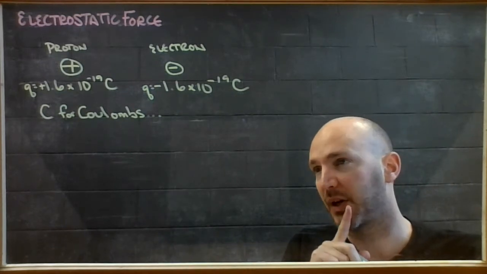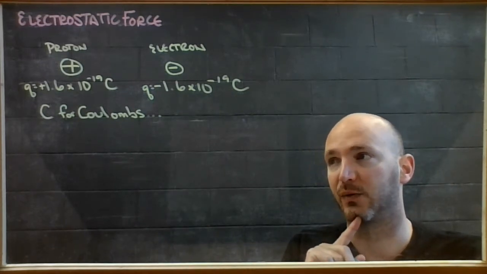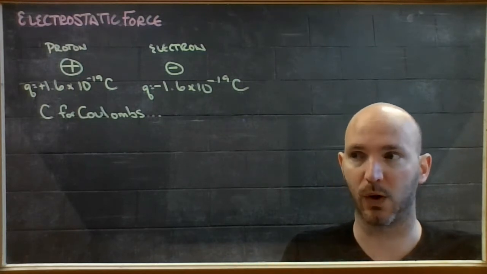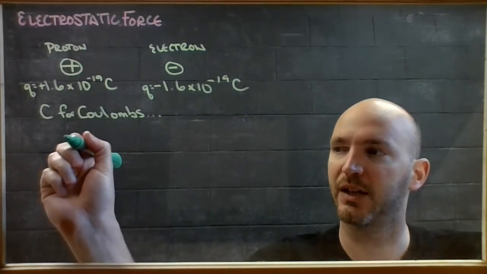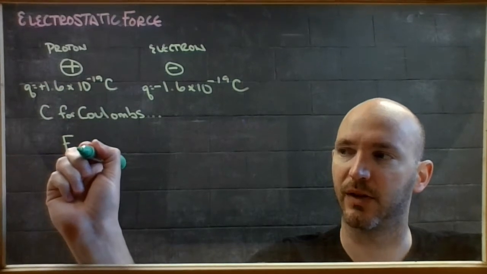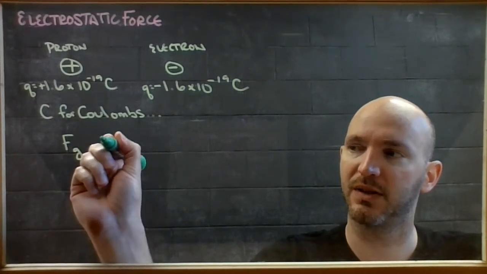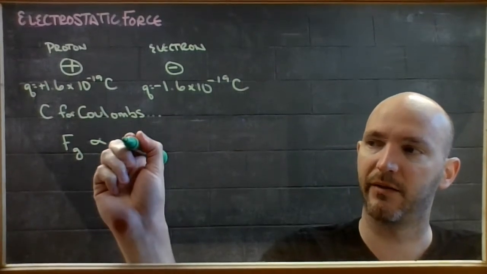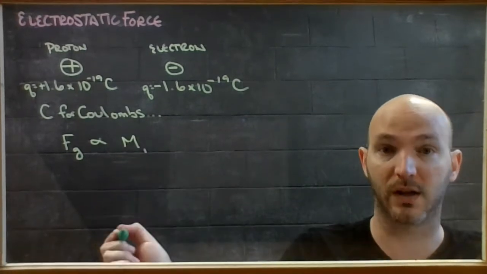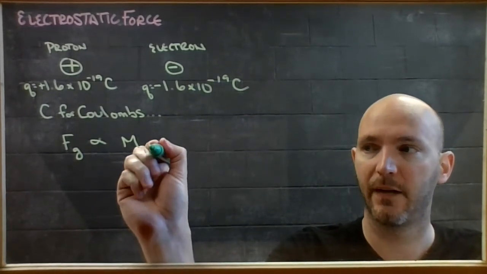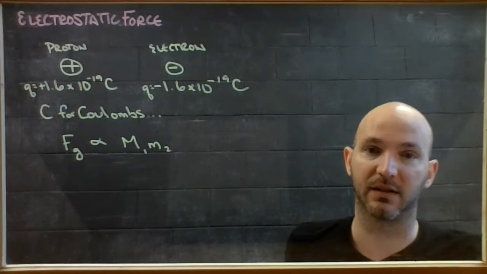So if you think about the gravitational force and how that worked, it was proportional to the mass of one of the objects that was attracting and the mass of the other object that was attracting.